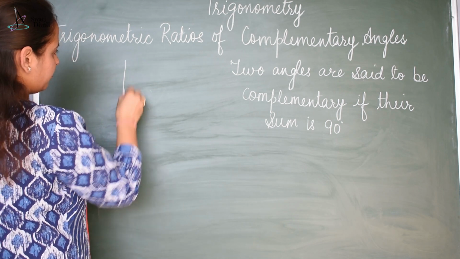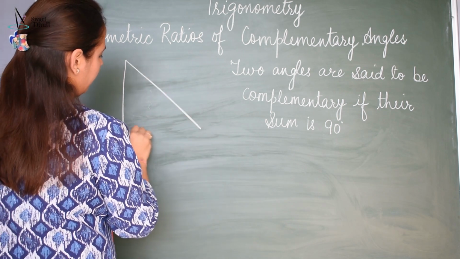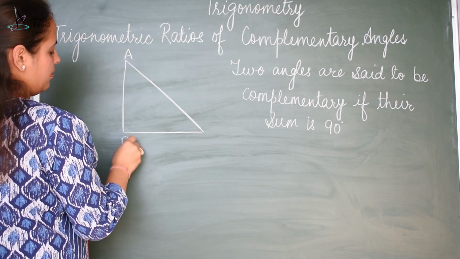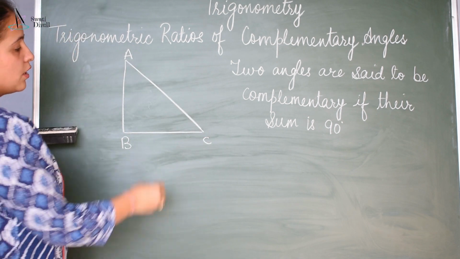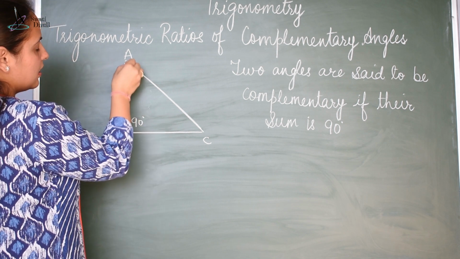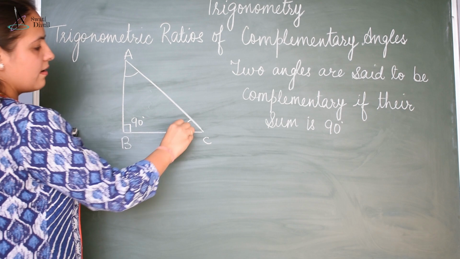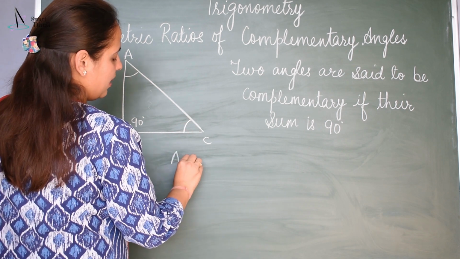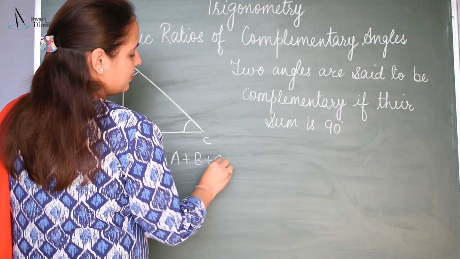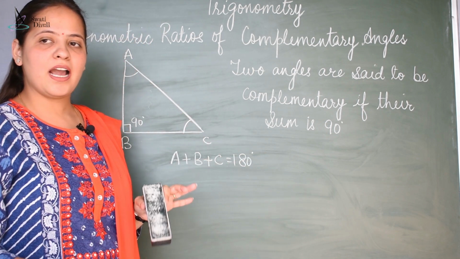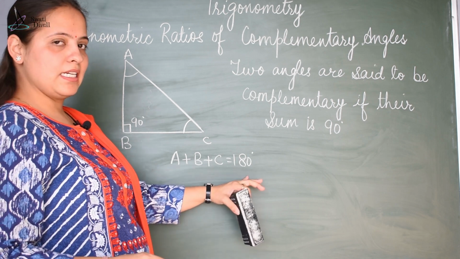See, if I make a right angle triangle, let's say A, B, C, and this angle is 90 degree, that means the sum of these two angles will be 90 degree, because angle A plus angle B plus angle C is equal to 180 degree, since the sum of all three angles of a triangle is 180 degree.